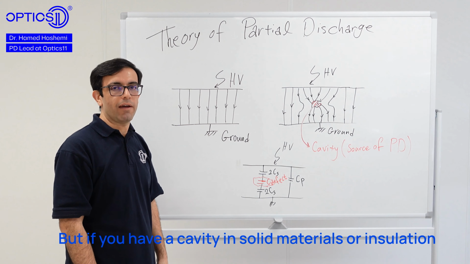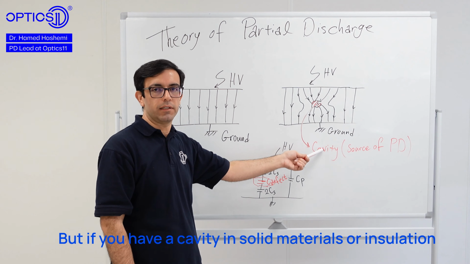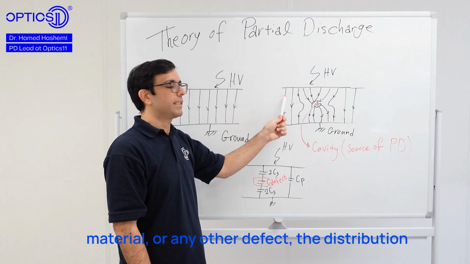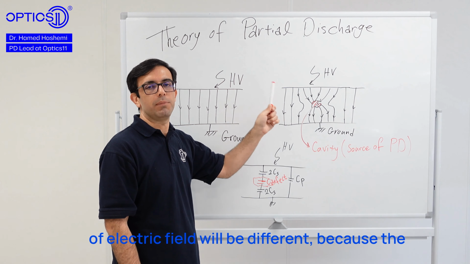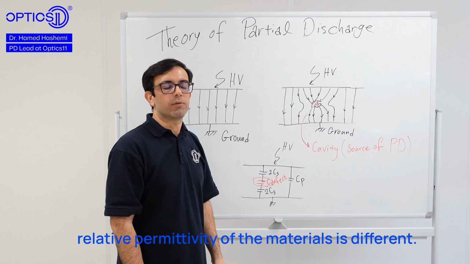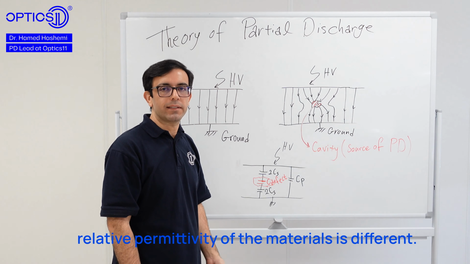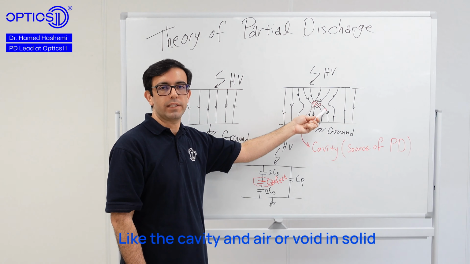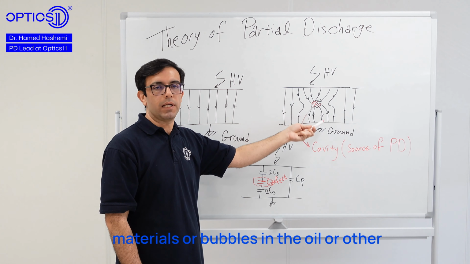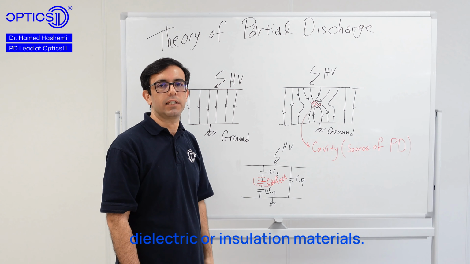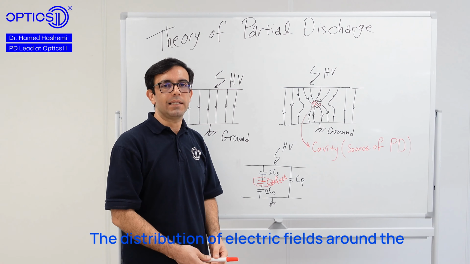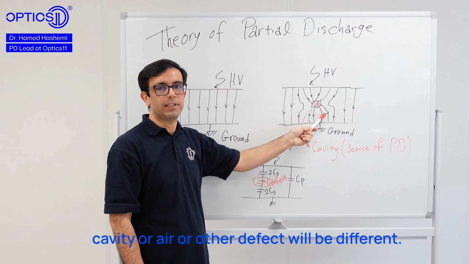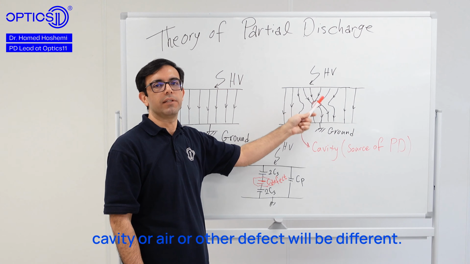But if you have a cavity in solid material or insulation, or any other defect, the distribution of electric field will be different, because the relative permittivity of the materials is different, like the cavity and air or void in solid materials, or bubbles in the oil or other dielectric or insulation materials. The distribution of electric field around the cavity, air or other defect will be different.